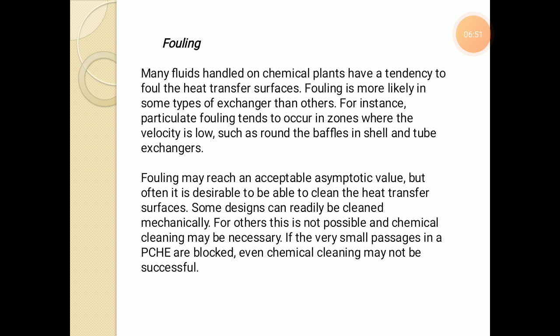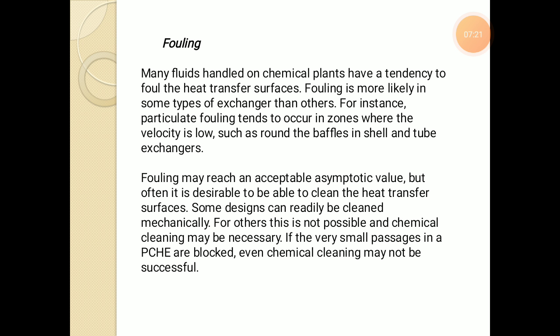So many fluids handled in chemical plants have a tendency to foul heat transfer surfaces. Fouling is more likely in some types of heat exchanger than others. For instance, particulate fouling tends to occur in zones where the velocity is low, such as around the baffles in a shell and tube heat exchanger, but fouling may reach an acceptable asymptotic value.